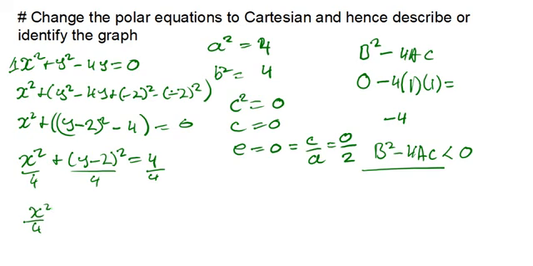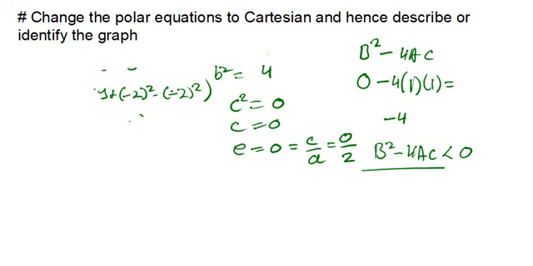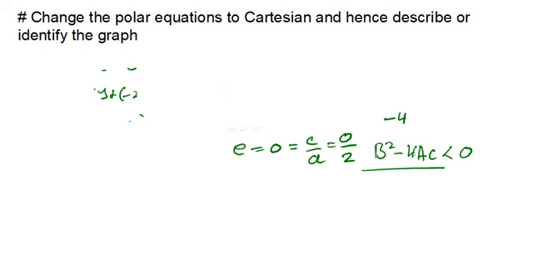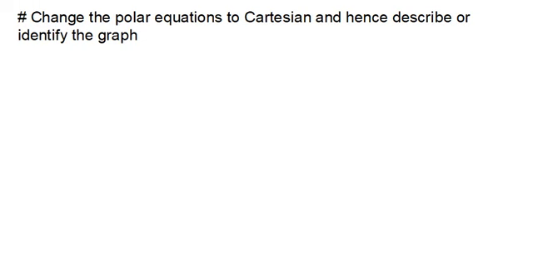So let's look at perhaps the last example, something that is a bit complex. Let's say we have r squared plus 2r squared cos theta sin theta is equal to 1.